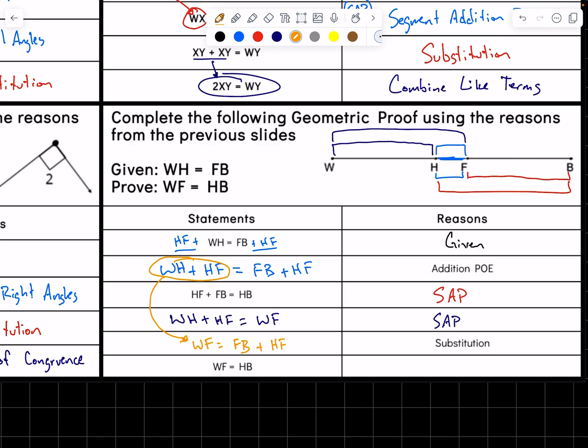And then if I utilize FB plus HF, that can replace to go down to HB using another substitution.